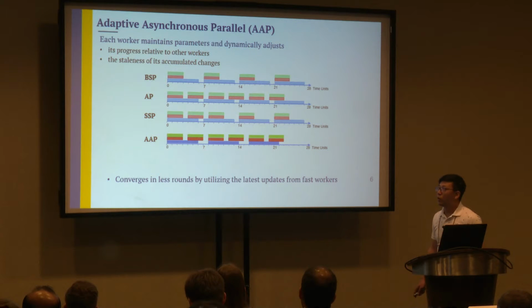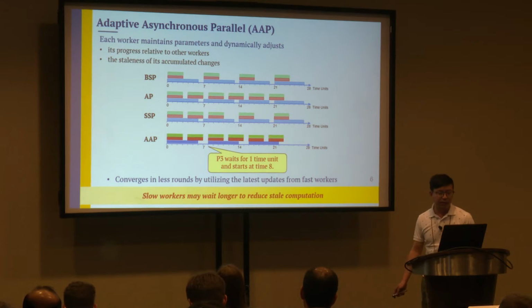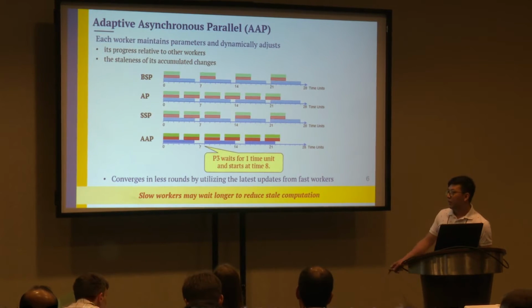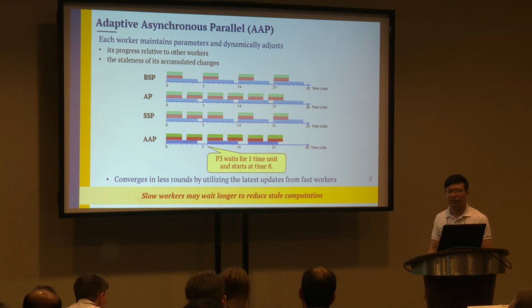Continue the example we mentioned above. This is the timing of AAP. We can find AAP asks P3 to wait for one time unit, and it starts at time 8. So it can converge in fewer runs by utilizing the latest updates from the faster workers. In AAP, slow workers may wait longer to reduce the stale computations.